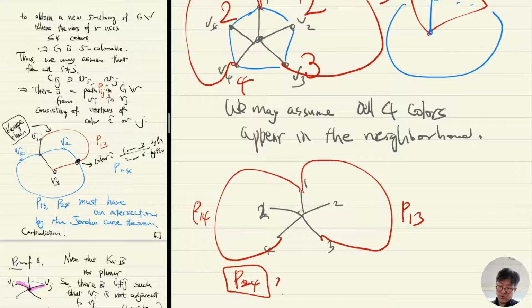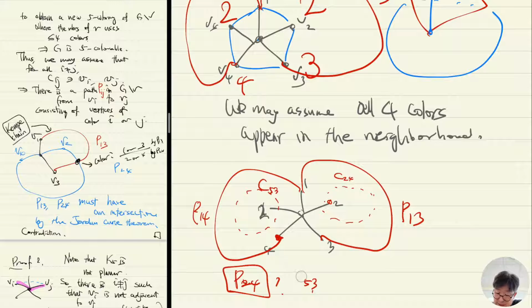Do we have a P24? No, because 2 is inside of this cycle, 4 is outside. So that means this component C24 is completely inside. And the component of C53, there's no P53, right?